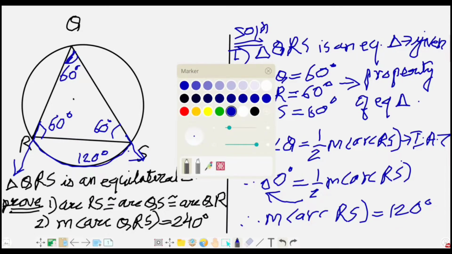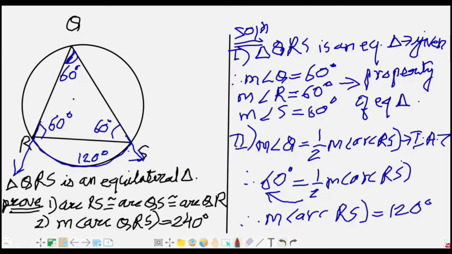In the same way, when you look at angle R, this full arc will be double of it, that is 120 degrees. Exactly similar. In the same way, angle S is 60 degrees, so the intercepted arc is 120 degrees. So this part we can write directly.